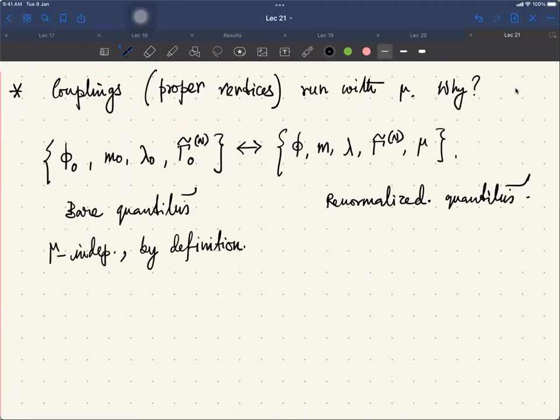By definition, these bare quantities are mu independent, and therefore these relations allow one to see why these quantities are mu dependent. This is the nature of these relations which I had explicitly written down in the previous lecture.